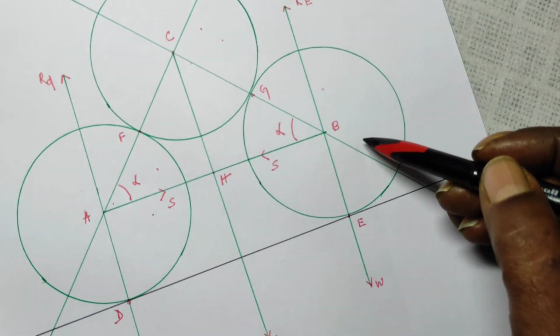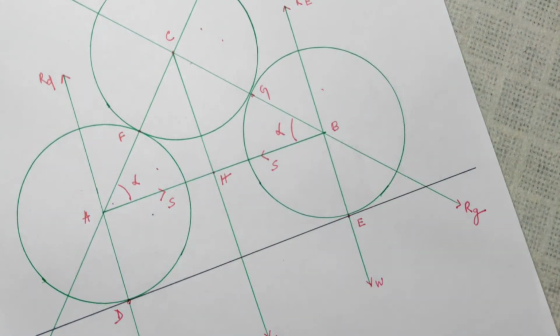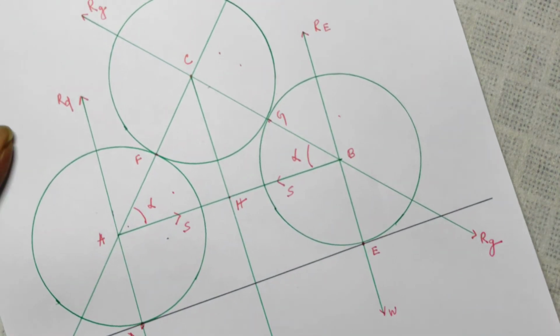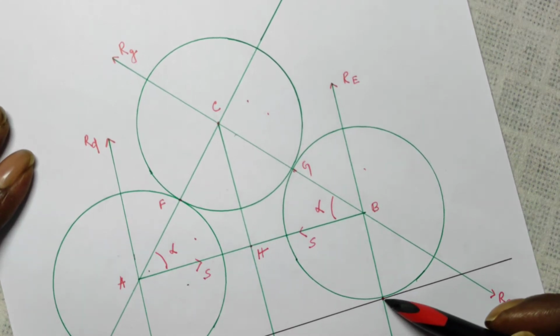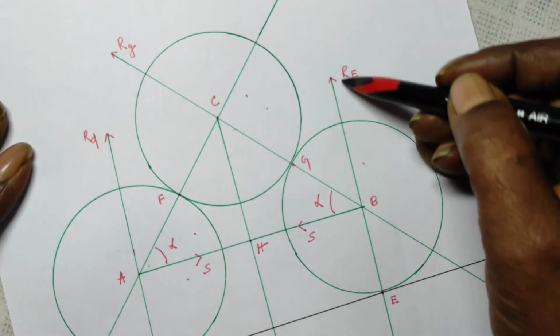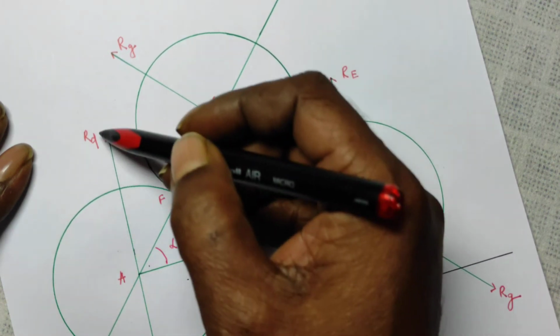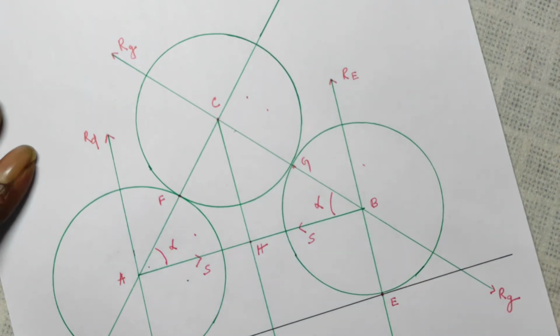The weight of this cylinder is also W, acting vertically downward, passing through the point of contact. And the reaction forces RE and RD act this side, both passing through their respective centers A and B.